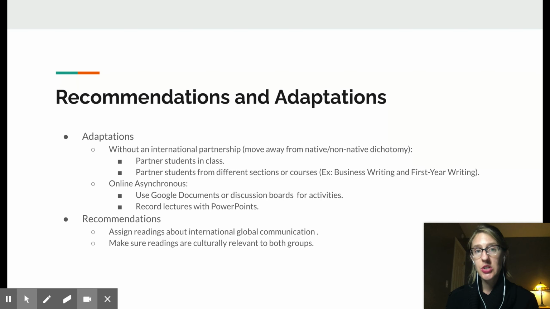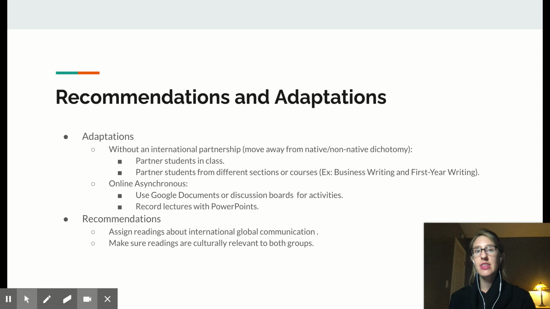But instead, you could have students do this on discussion boards, or you can still have them collaborate in Google Documents, even in an asynchronous class. And then I've shared PowerPoints, and you can also record your lectures using my PowerPoints or just using materials from them.